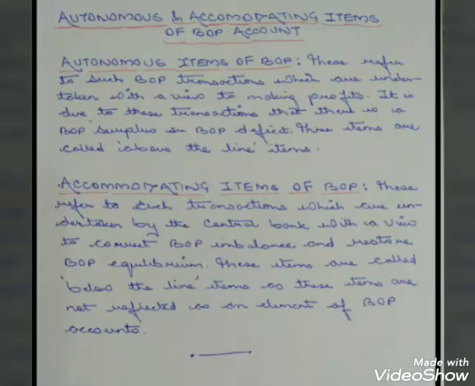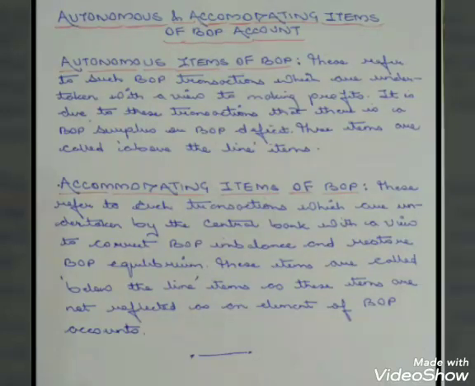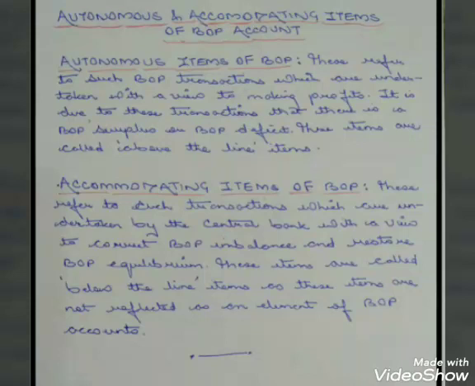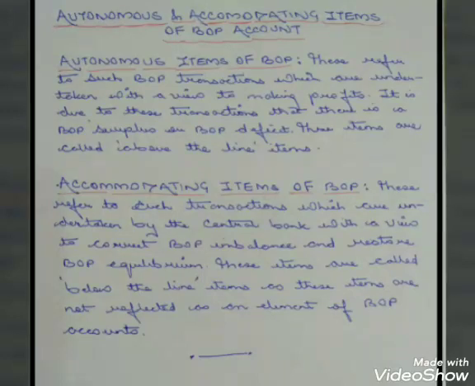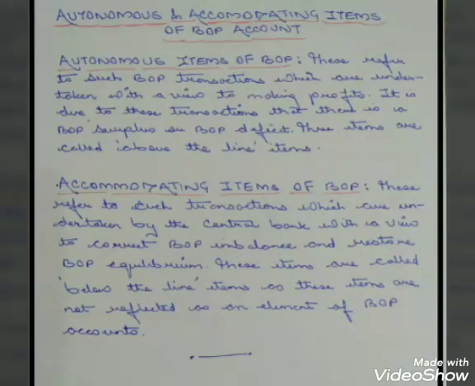And if we talk about accommodating items of balance of payment, children, these refer to such transactions which are undertaken by the central bank of a country with a view to correct the balance of payment imbalance and to restore balance of payment equilibrium. One important thing to note is that accommodating items do not cause any movement of goods and services across the borders.